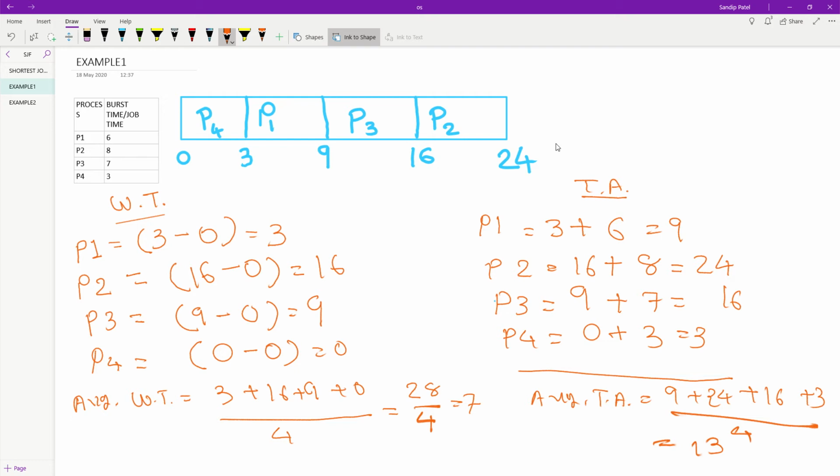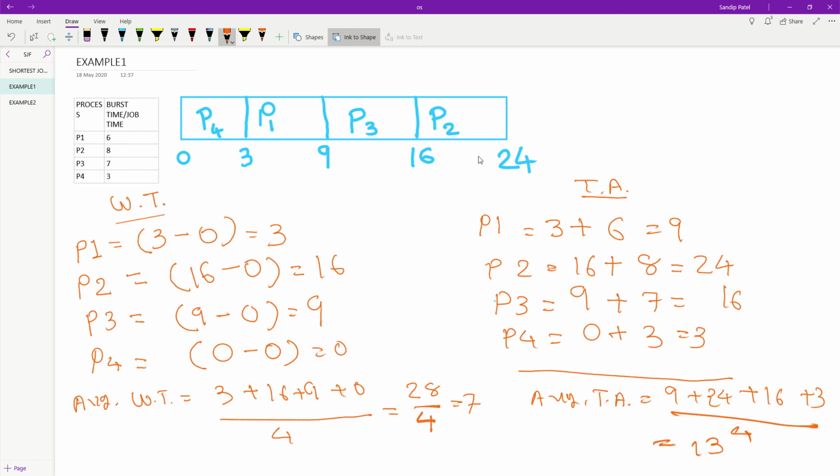Now here we have seen which algorithm? Shortest job first. The job which is the shortest one will be selected first and it enters the CPU. The next shortest job will be selected next and enters the CPU. The next shortest job, this one P3, enters, and next P2 enters the CPU.